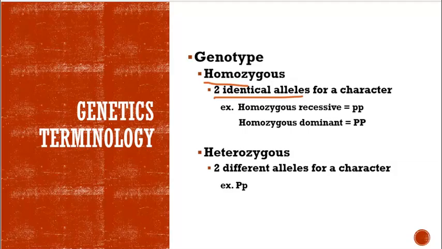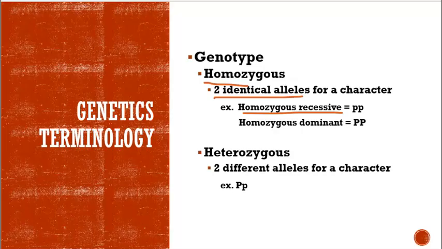We can describe it as being homozygous recessive if there are two recessive alleles combined together. Remember, one allele was inherited from the mother, the other allele was inherited from the father. So two alleles that are alike, they're both recessive. This would be considered homozygous recessive.